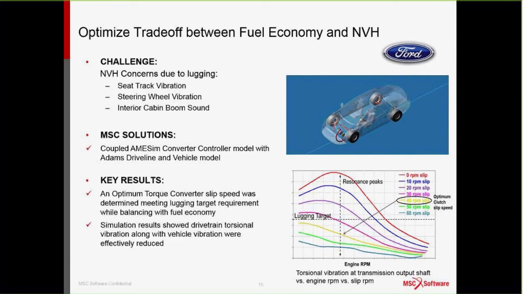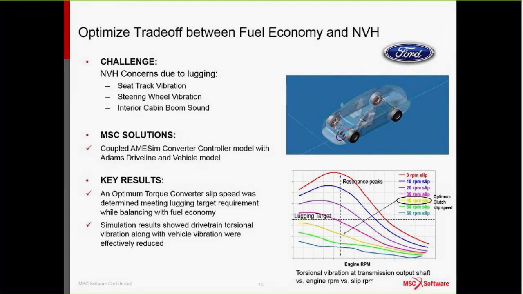Lugging is a condition that very commonly occurs when a vehicle is in high gear and low engine speed. It will cause a high level of low frequency input, which can be translated into excessive vibration in the seat track or in a steering system that the passenger can experience, which is not ideal.